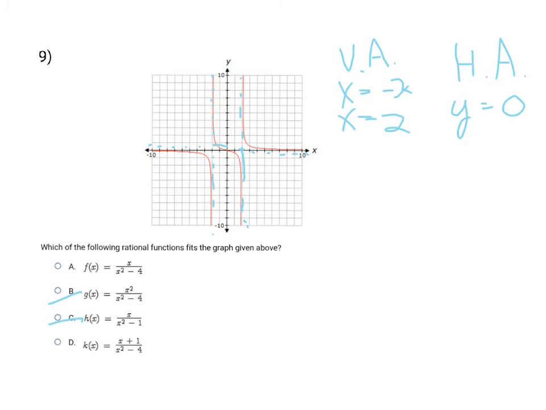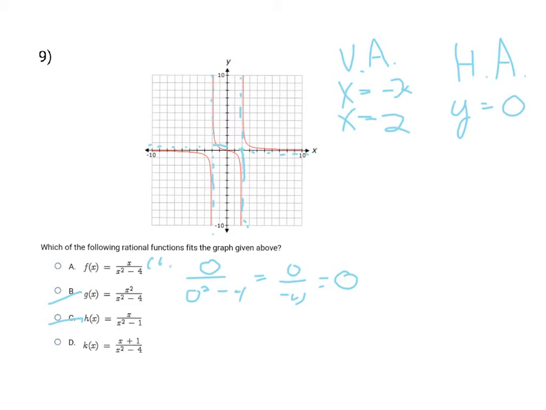So now I have to look at which one of these will give me the correct y-intercept. So my y-intercept here is 0, 0. So if I put in 0 for x, that means I should get the point 0 for y also. So here in A, I put 0 in for x, and 0 squared is 0, 0 minus 4 is -4, and 0 over -4 is 0.